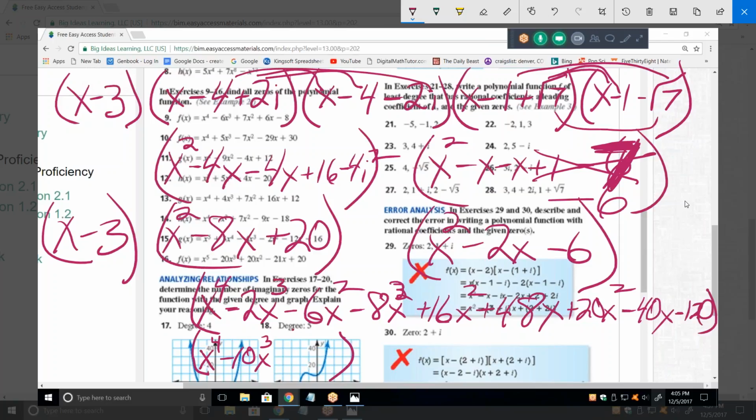And then plus 30x squared plus 8x minus 120. Okay. Okay, now we have to multiply that by x minus 3. Go ahead.